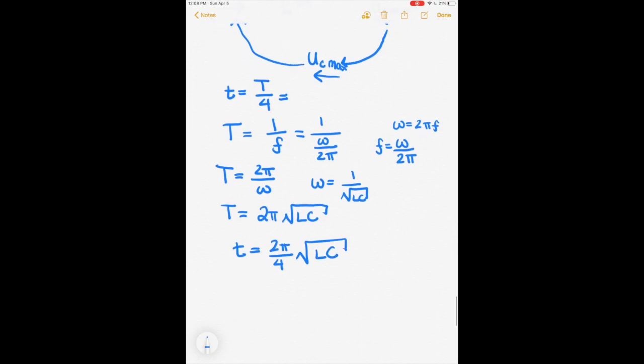So we plug in the values for the inductance and the capacitance, put everything into our calculator, and our final value is 9.7 e to the negative 4 seconds.